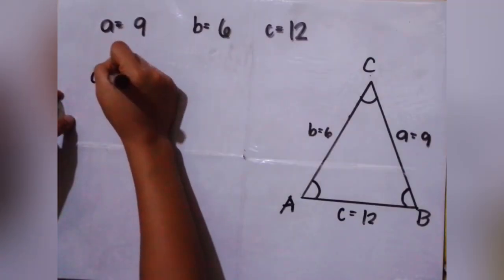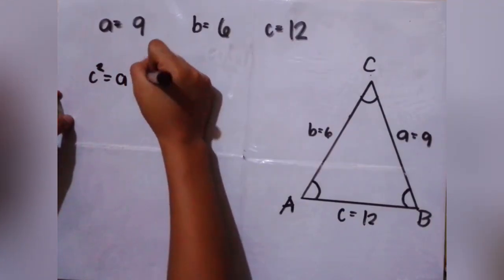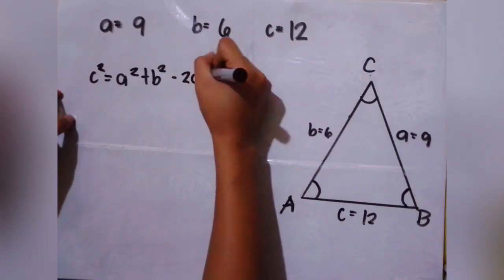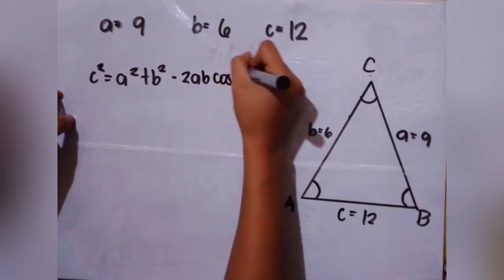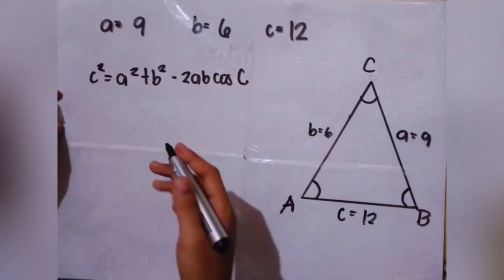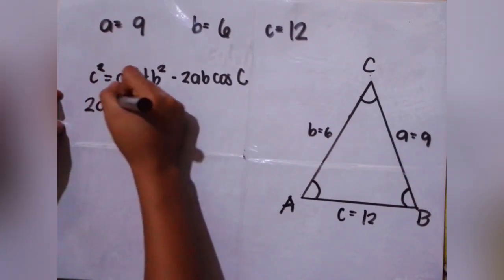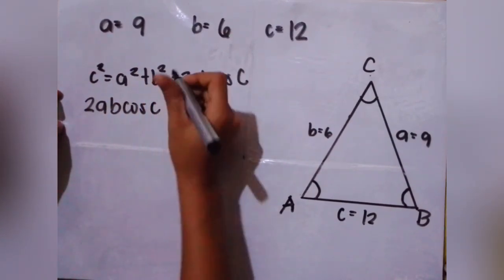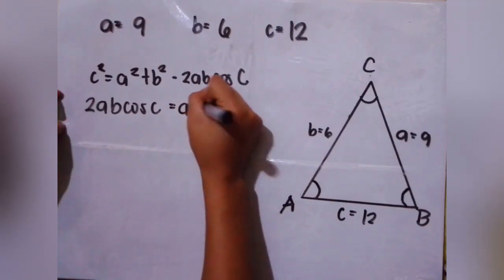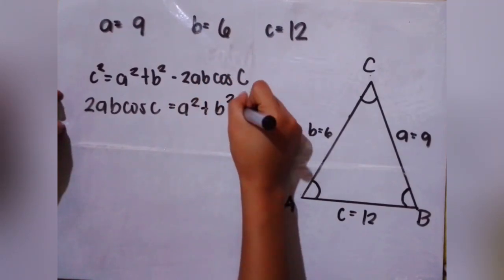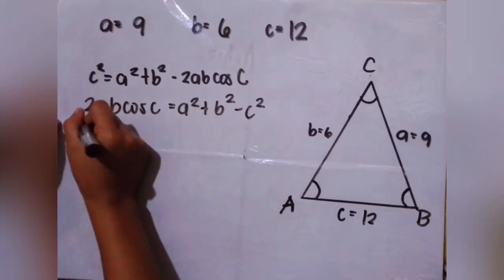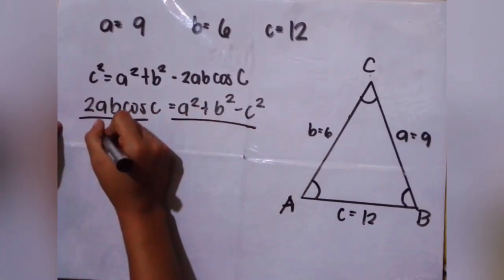And we will apply the law of cosines to find the angle C. So, C squared is equal to A squared plus B squared minus 2AB cosine C. And we will solve for cosine C. Then, divide both sides by 2AB.